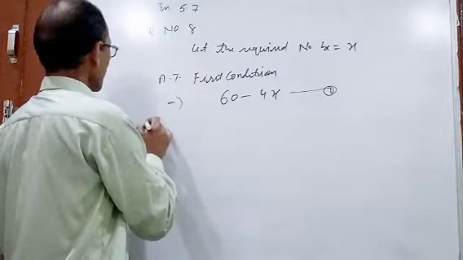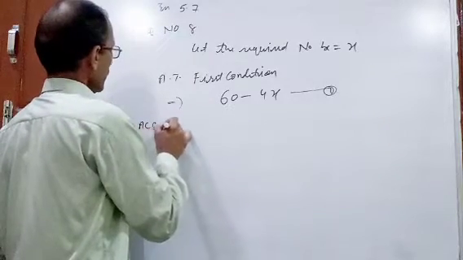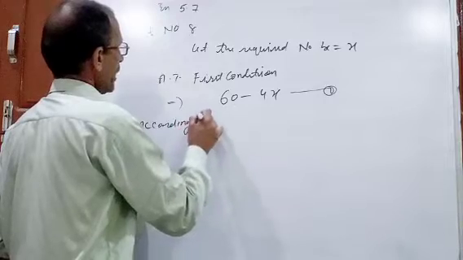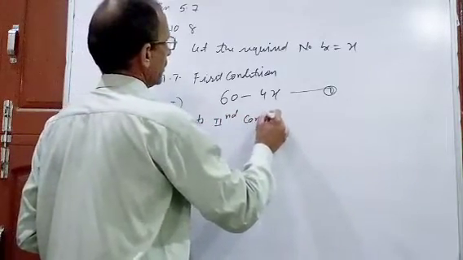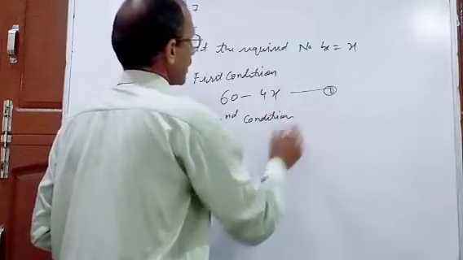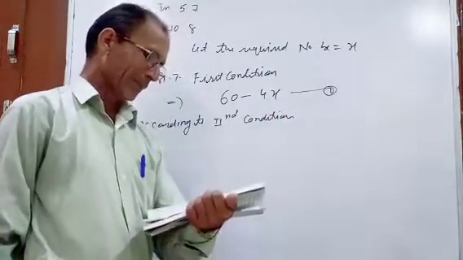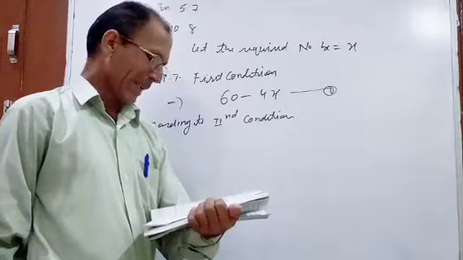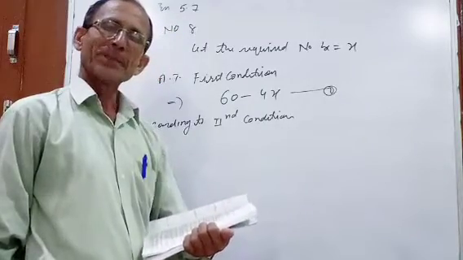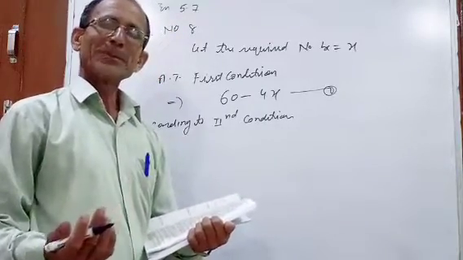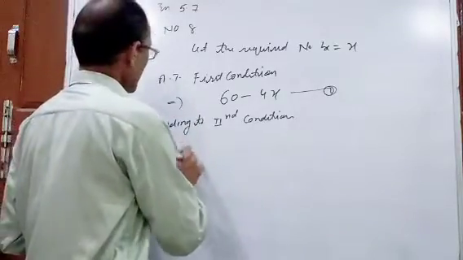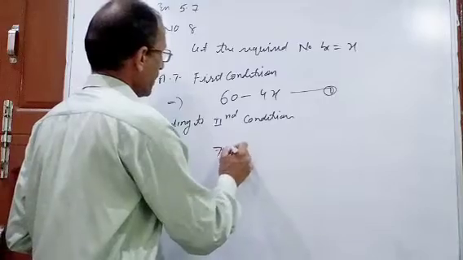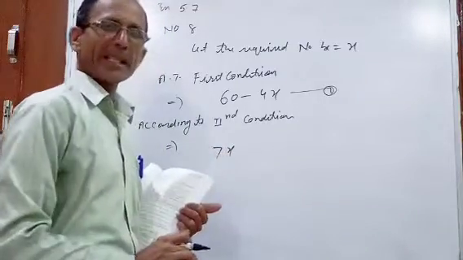According to the second condition. What is the second condition? 7 times the number is greater than 61. So 7 times the number will be 7x. So this is greater.